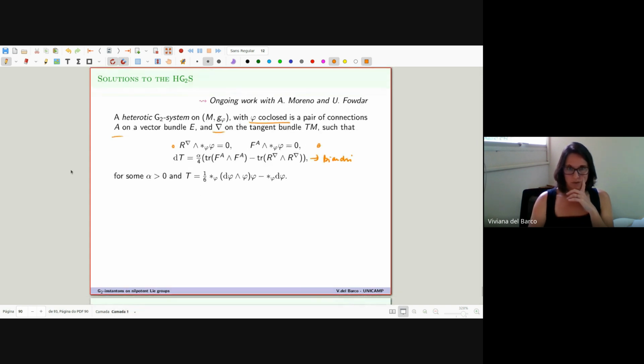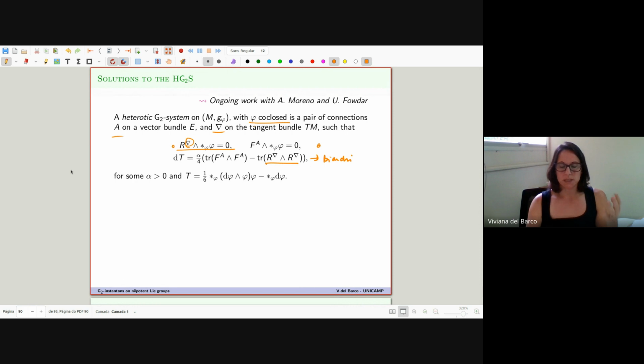So let me just mention what we did in our examples. We just found a nabla which is a G2 instanton, so that will fit here, and the curvature R, and we just took A equal to 0, if it works.